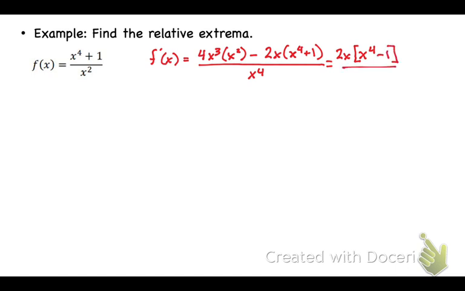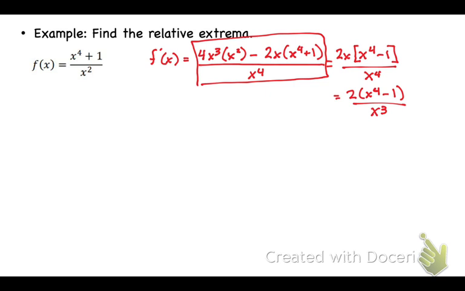I did mine different because I took an x out. That's not what I had. That's not what I had, 2 times 2x squared minus x to the fourth minus 1. Is that what you had, Sadie? Did you have this part?